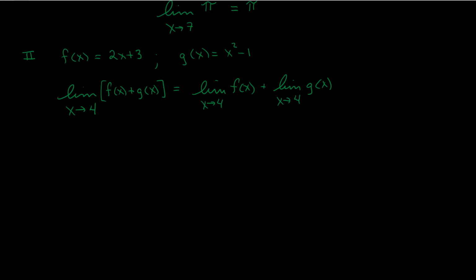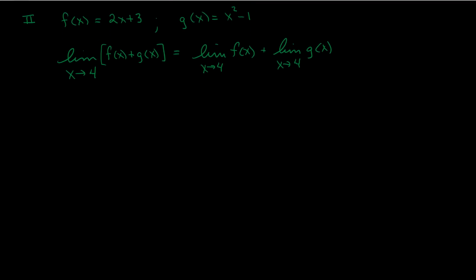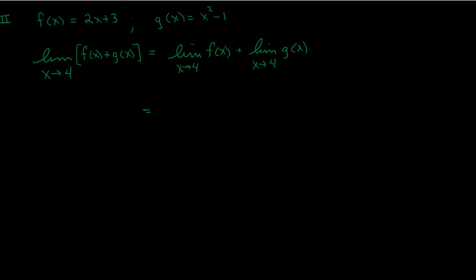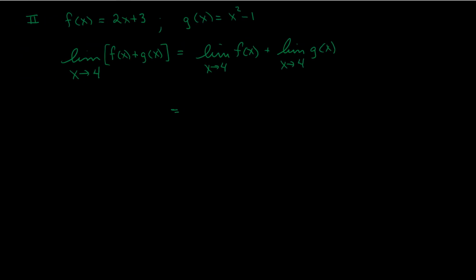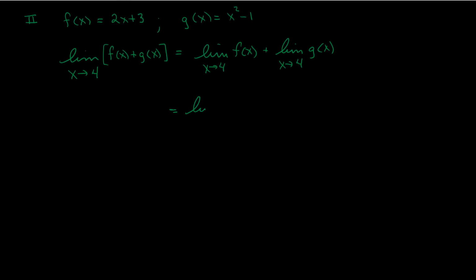Using the values that we have here for these two different functions, what this essentially says is we can do the limit as x approaches 4 of 2x plus 3 plus the limit as x approaches 4 of x squared minus 1.